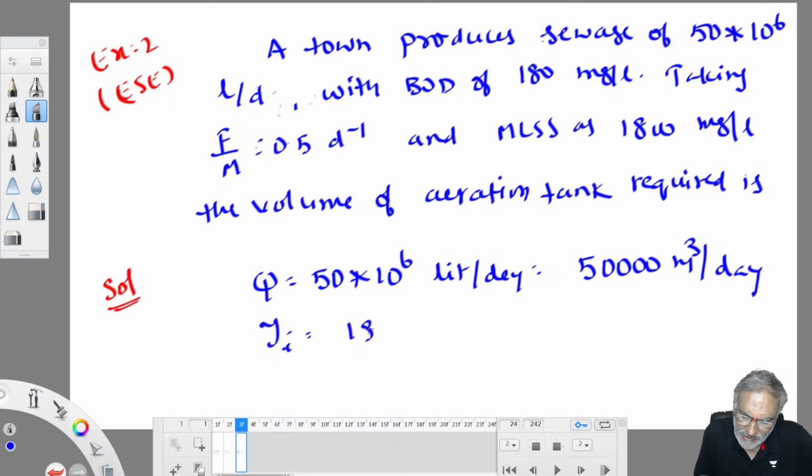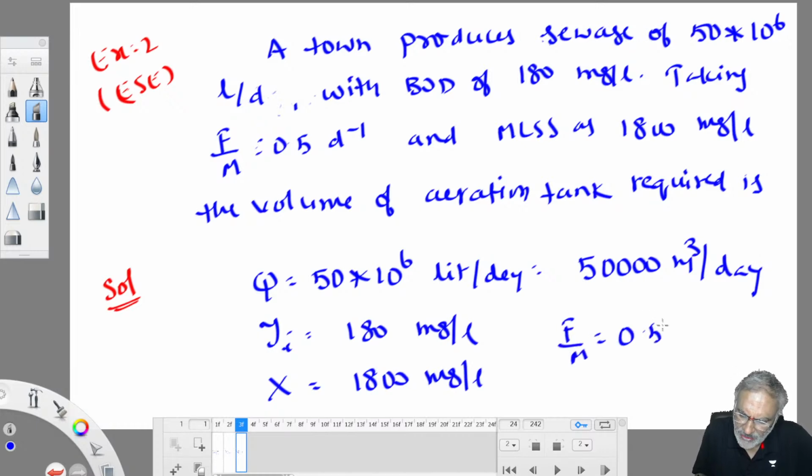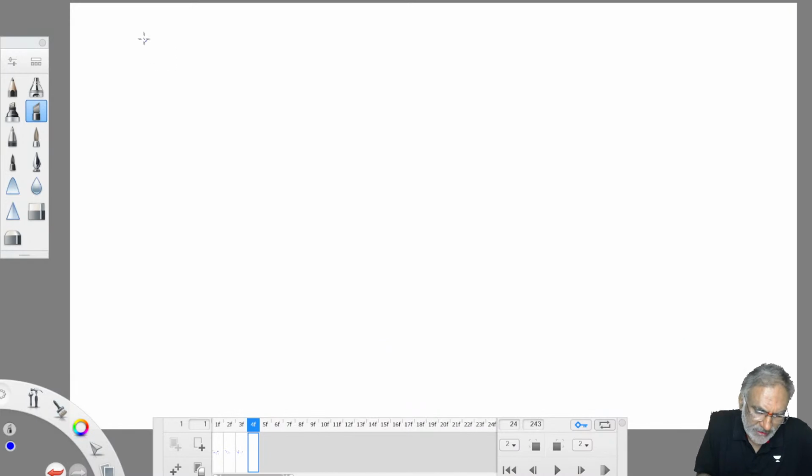So Yi is given as 180 milligram per liter and X is given as 1800 milligram per liter and F by M is given as 0.5 per day, and we have been asked to find out V. So the one thing which we need to notice is that two parameters you can take as 0 freely as and when they are not given in the question. One is Ye, the other one is Xe.